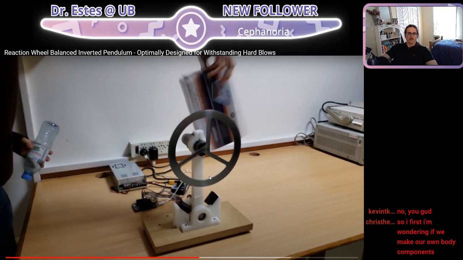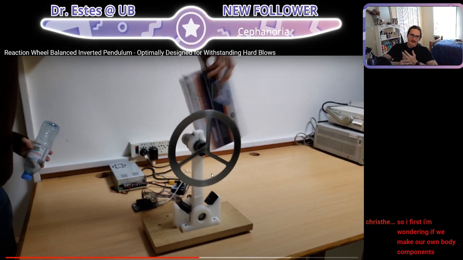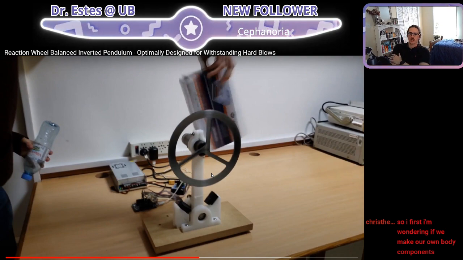I can't remember what they made it out of, if it was steel or aluminum. But yeah, I think we would make our own body components. Maybe just make it out of wood? I don't know.